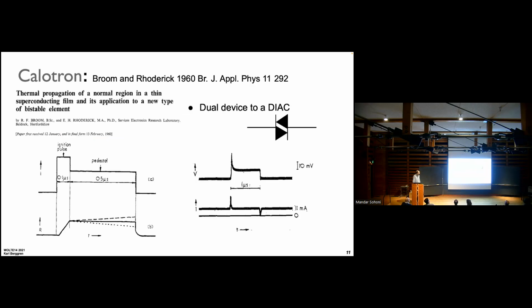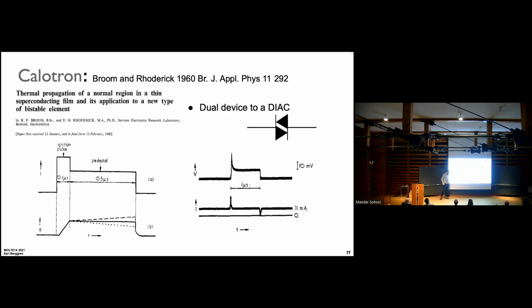It's actually analogous to a device that was developed in the 1960s by Roderick and Room, right before the Josephson junction was invented, called a cryotron. The cryotron was a device where you hit it with a current pulse, the ignition pulse, that puts you over the top of that superconducting branch, at which point you switch into the normal state.